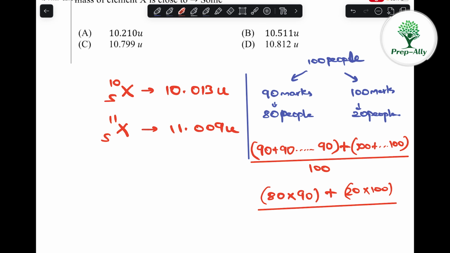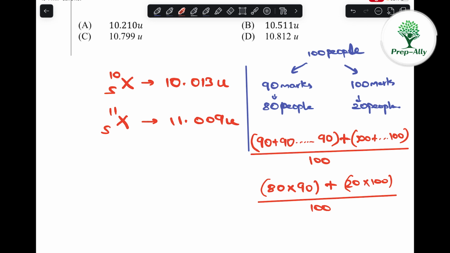divided by 100. Even I can do one more thing. I can separate these into two fractions: 80 into 90 by 100 plus 20 into 100 by 100.